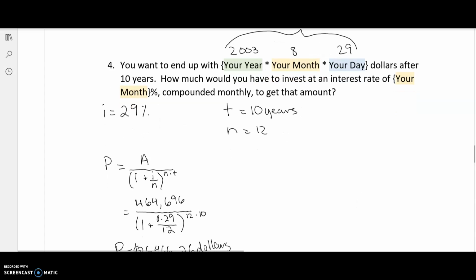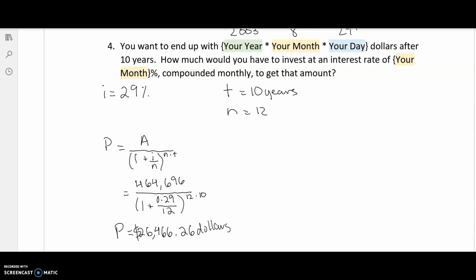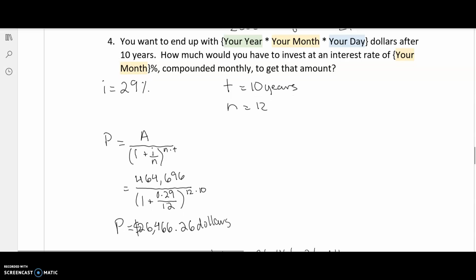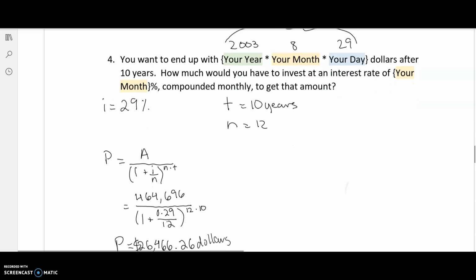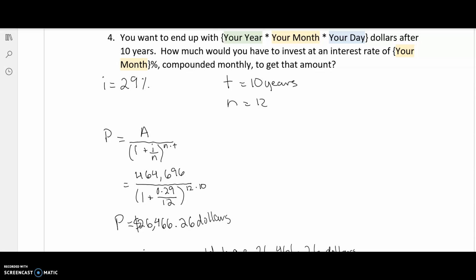So basically, I'm going to use the same compound interest equation that I used earlier, only it's rearranged to be P equals A divided by bracket 1 plus I over N, enclosed in brackets, to the power of N times T. So I substitute in my value for A that I got here by multiplying my month, my day, and my year, which is 464,696, divided by me substituting in my 0.29 for my 29% for I, substituting in 12 for N, and substituting in 10 for T.